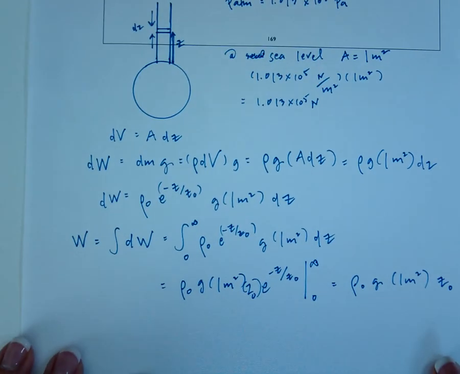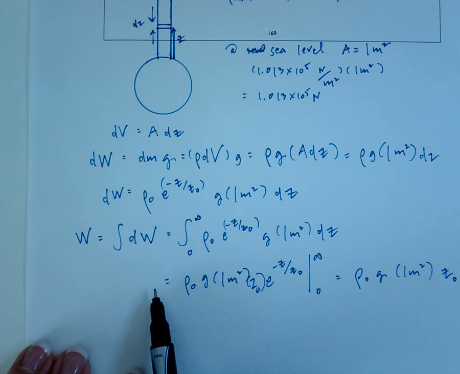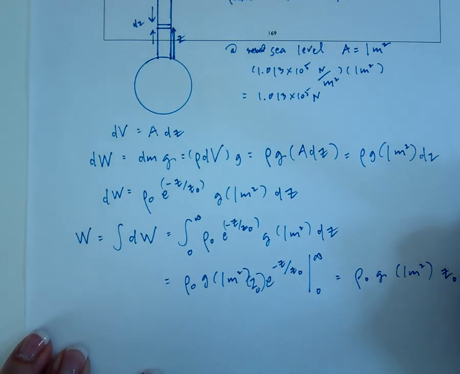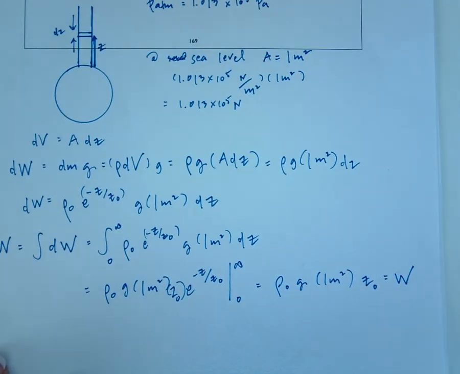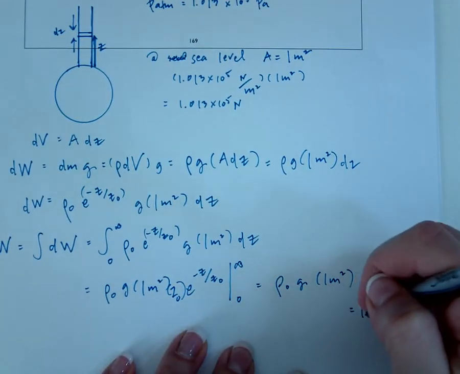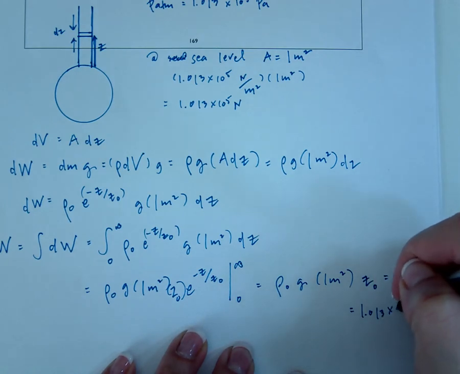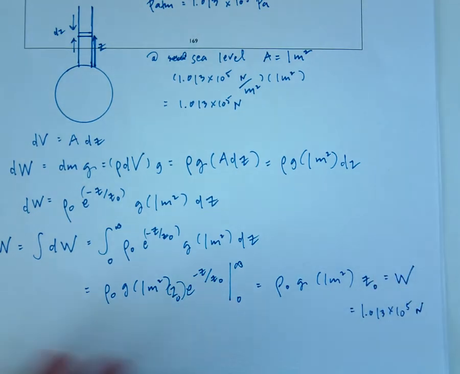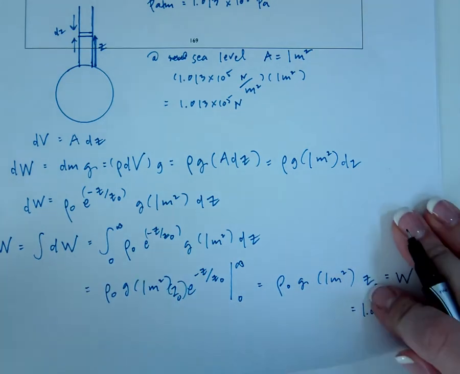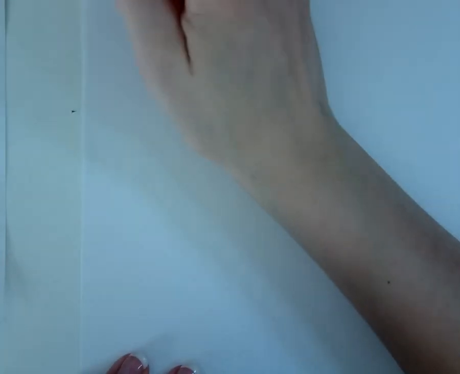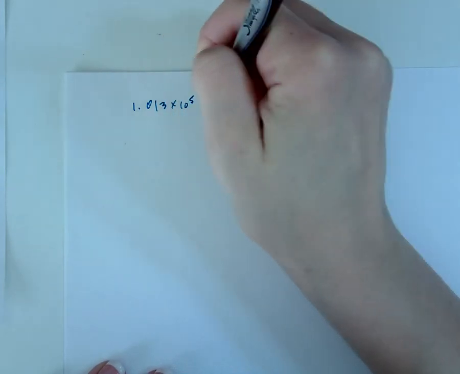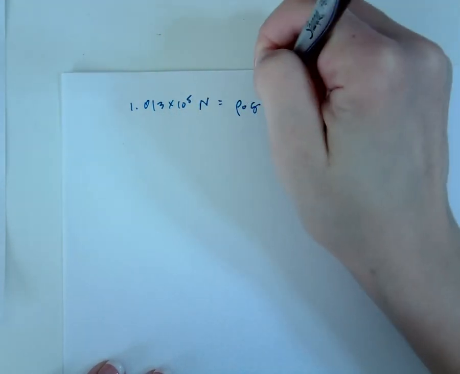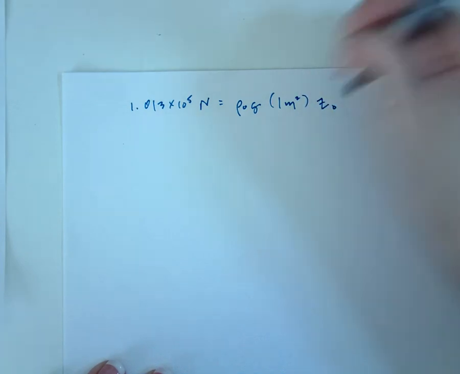So now solve for z naught, because remember, this expression is equal to the weight of that column that we defined. But the weight of the column is equal to 1.013 times 10 to the 5th newtons. So now set our whole expression: 1.013 times 10 to the 5th newtons equals rho naught g times 1 square meter times z naught.